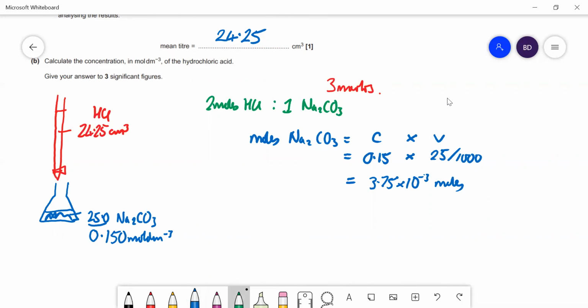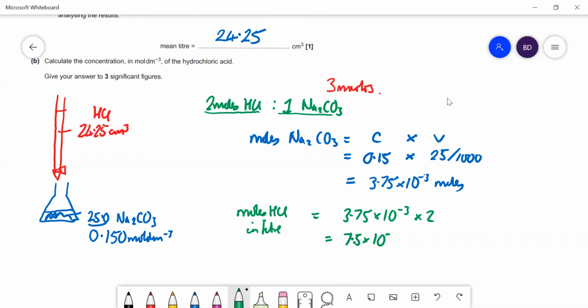As we just said, it's 2 moles of hydrochloric acid to 1 mole of sodium carbonate. So the moles of HCl in the titer is that multiplied by 2, which gives us 7.5 times 10 to the minus 3 moles. That's our moles of HCl.